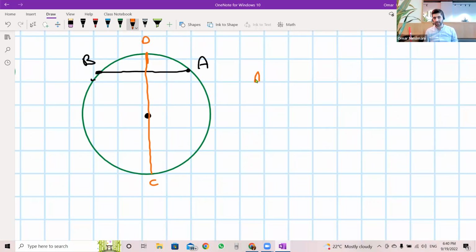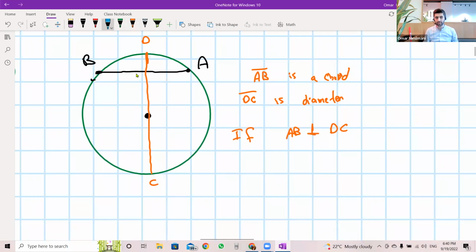Again, AB is a chord and DC is a diameter. If AB is perpendicular to DC, what does perpendicular mean? Perpendicular means making a 90-degree angle.